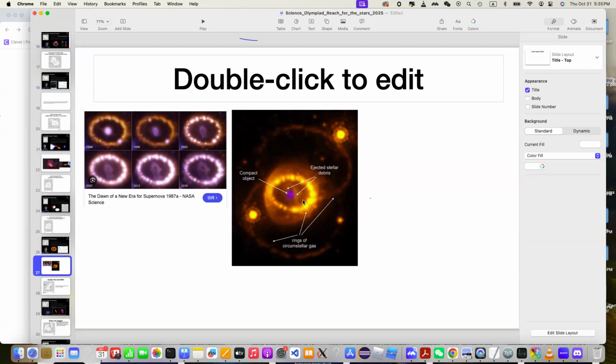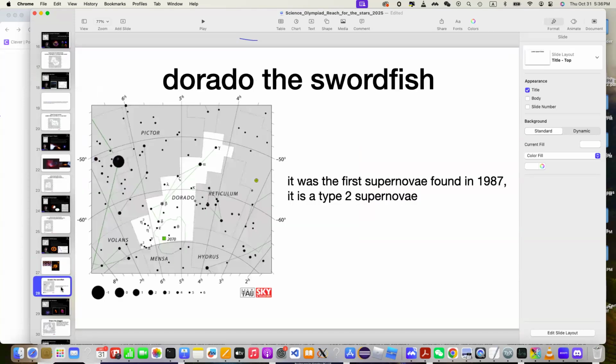From this image, you see that this is indeed a cat eye, right? It's not just the central ring, but it has the outer part that makes it look like a cat eye.